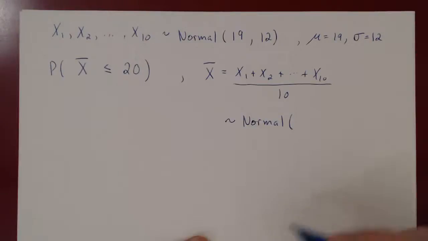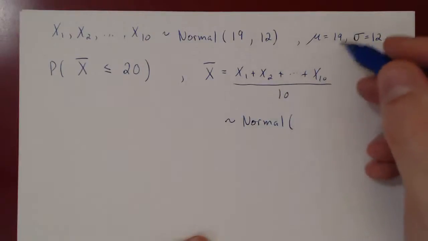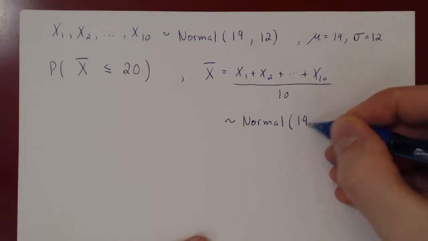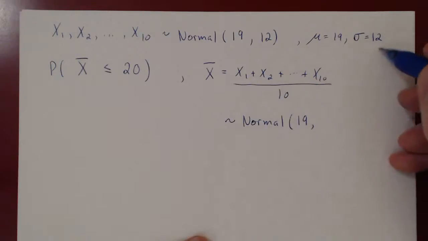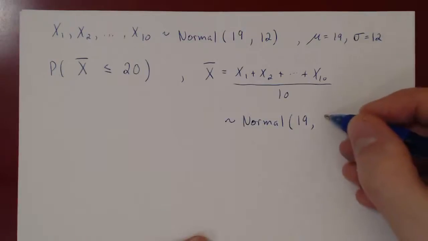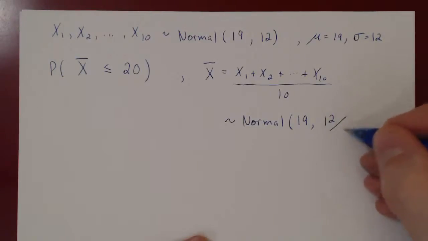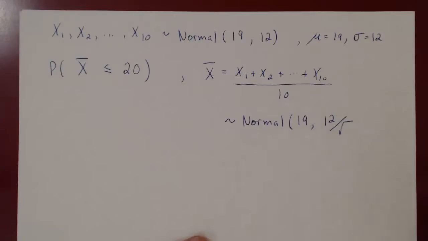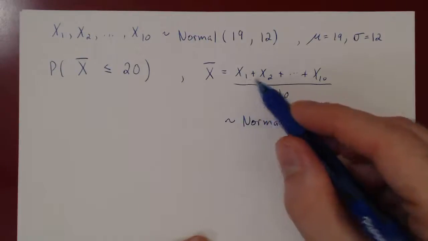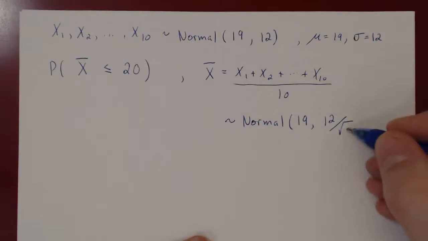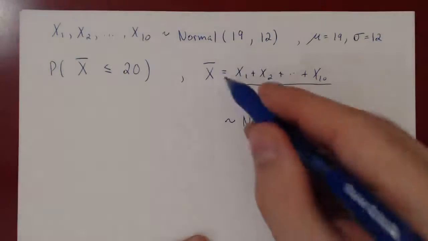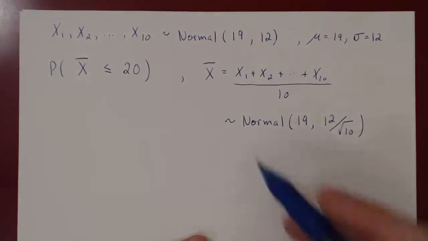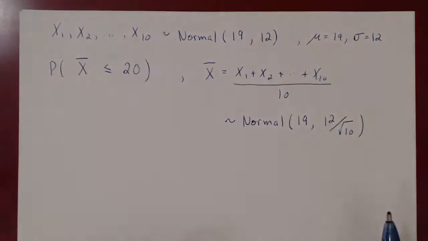If you recall, the average will have the same mean, so it will still be 19. The deviation of the average will be the deviation of the individual x's, so 12, but now divided by the square root of the number of terms that you're averaging over. Here we're averaging over 10 values, so it'll be 12 over the root of 10. And that is the distribution for x bar, the average of these 10 random variables.